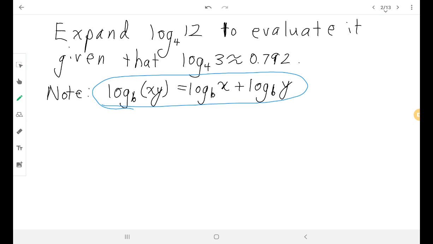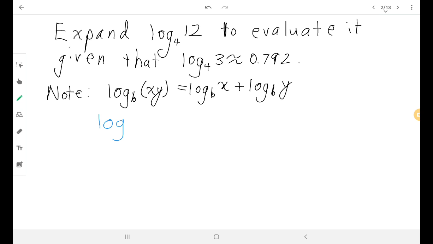It says log base b of x times y together is equal to log base b of x plus log base b of y. And those bases have to be the same. So here's how you would use this to help you.